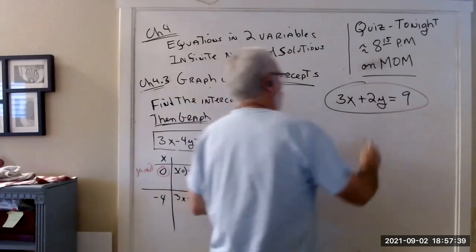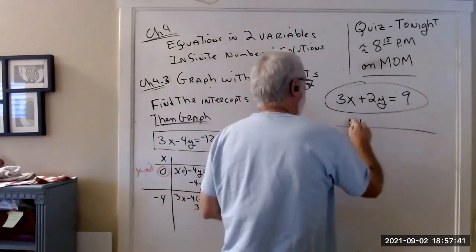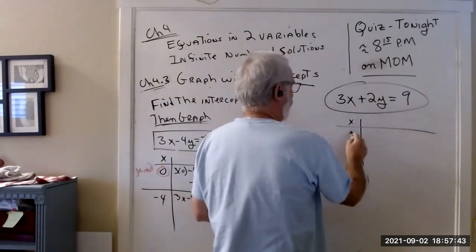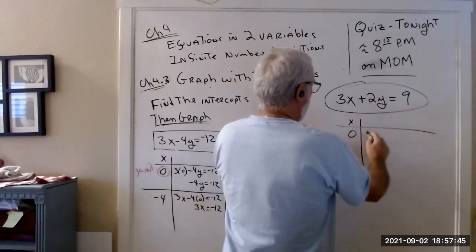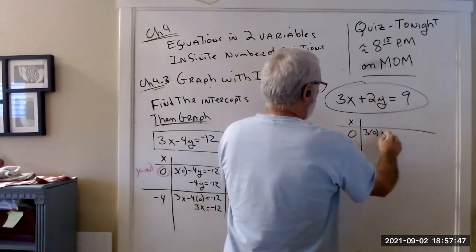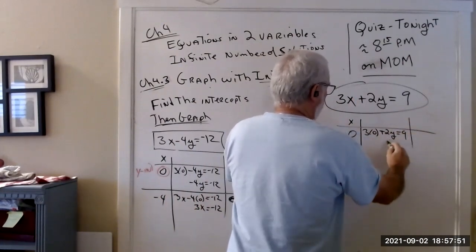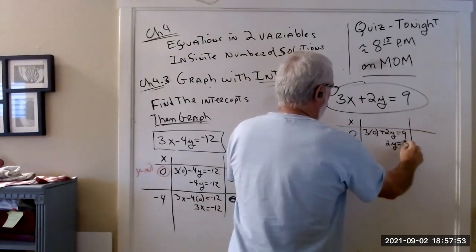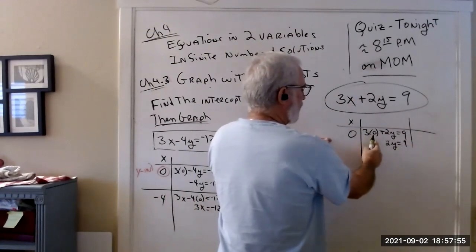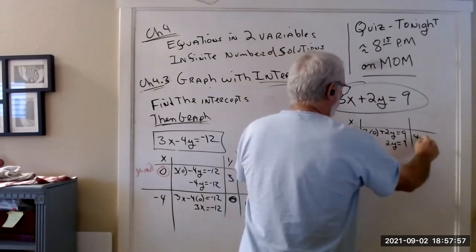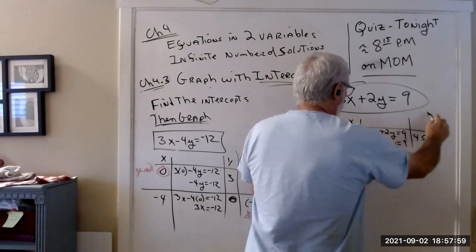Okay, so if we just build our little XY table again, and say if x is 0, we have 3 times 0 plus 2y equals 9. That's 2y equals 9 because 3 times 0 drops out. That's y is 4.5.